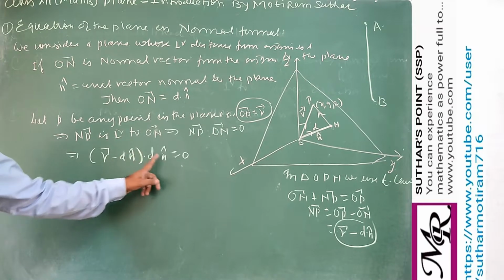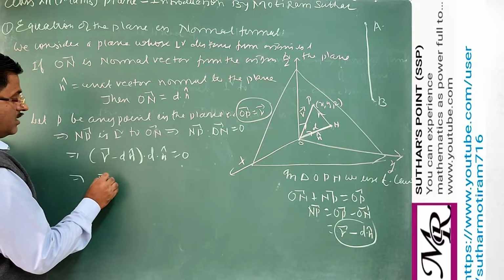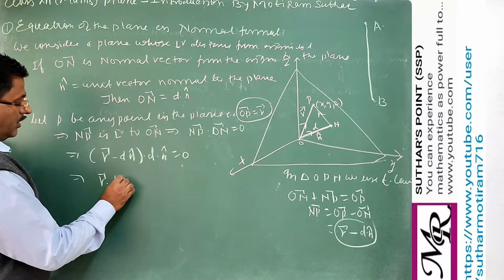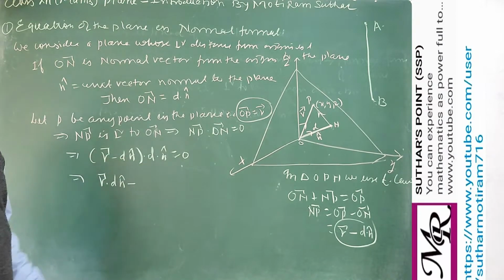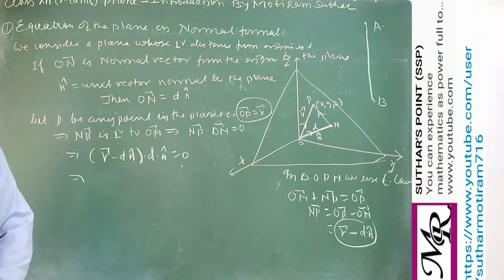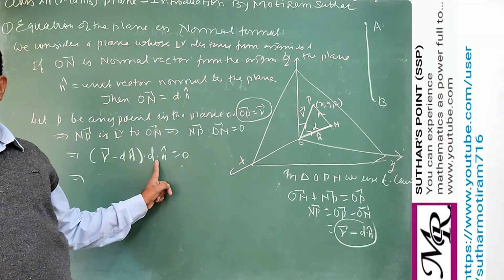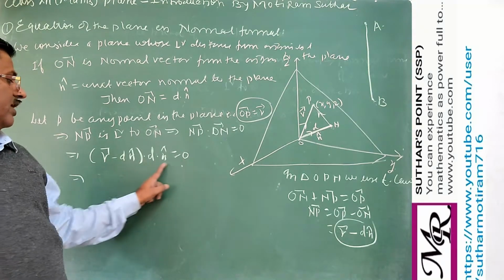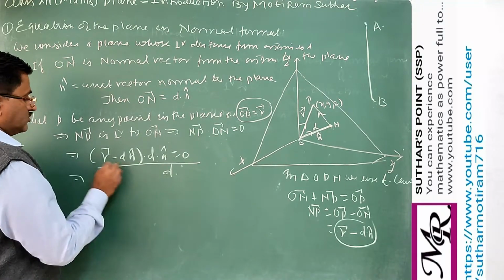Here d is the magnitude of the normal vector, so it is a scalar or constant. If we divide both sides by d, what do we get?